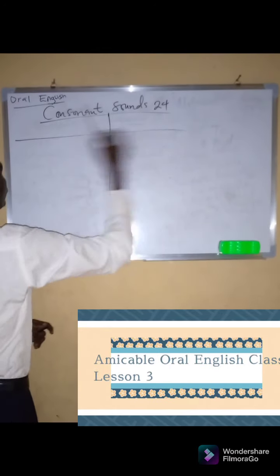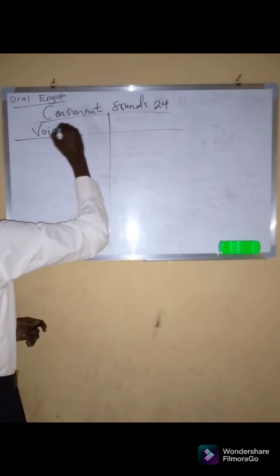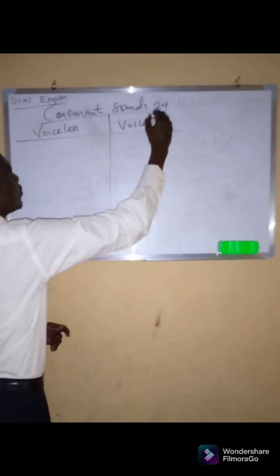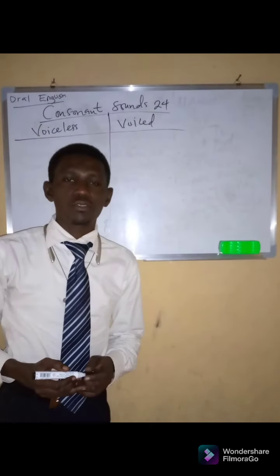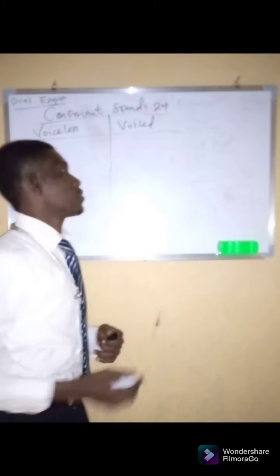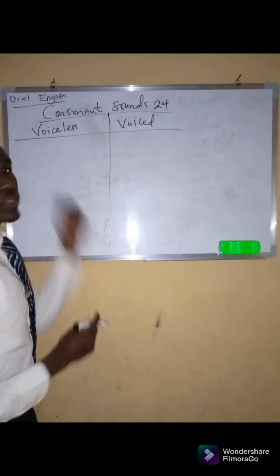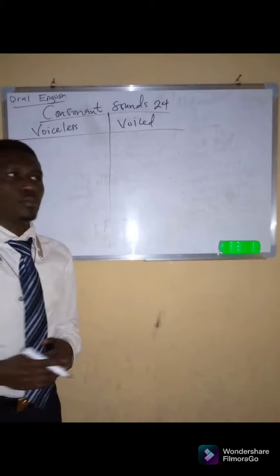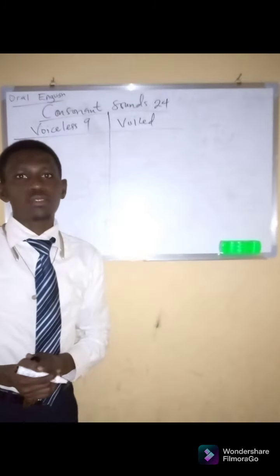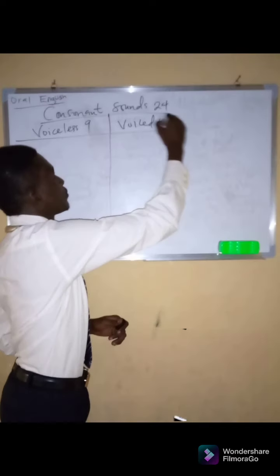So this is what we have: voiceless and voiced consonant sounds. The voiceless consonant sounds are 9 in number, and the voiced consonant sounds are 15 in number.